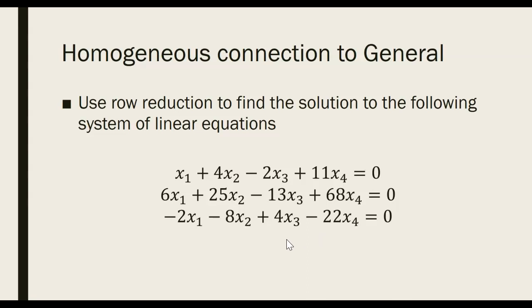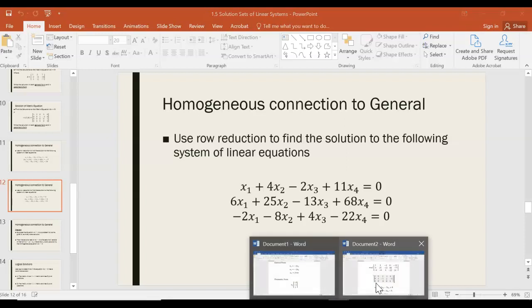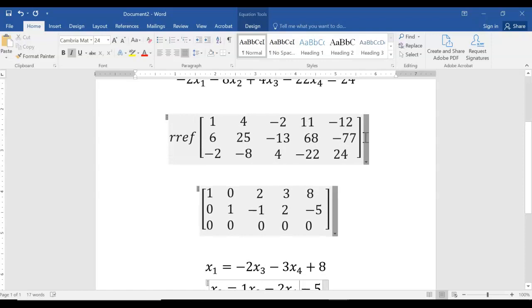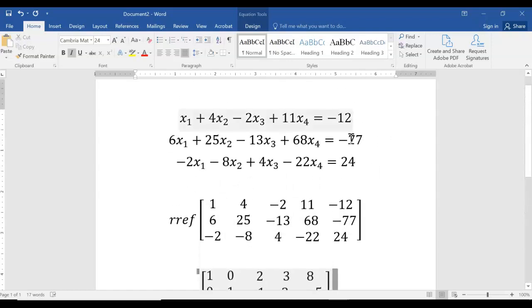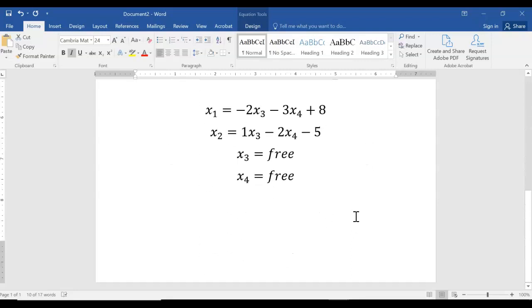However, I'm sorry, I misspoke. That last column will always be zeros. So we could literally copy and paste this if we were solving the homogeneous equation.